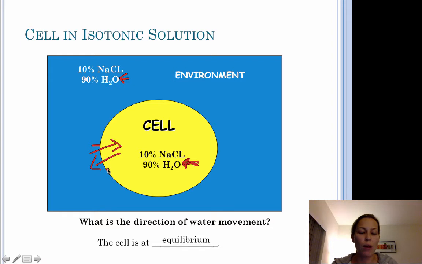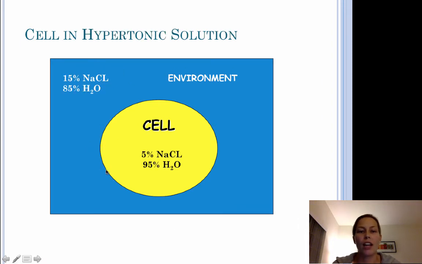Let's take a look at what happens to a cell in a hypertonic environment. So what we're going to notice here is the water in the environment is less than the water in the cell. So water is going to move from an area of high concentration inside the cell to an area of low concentration outside the cell, or in the environment.